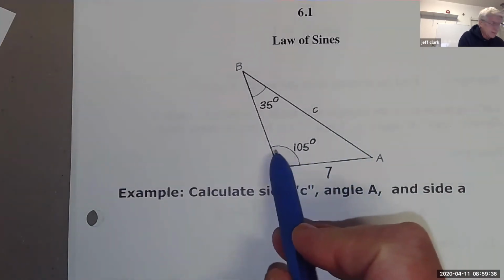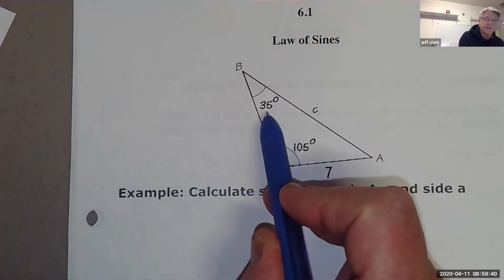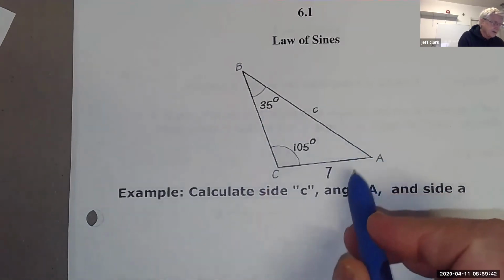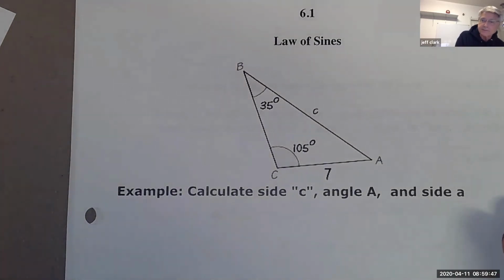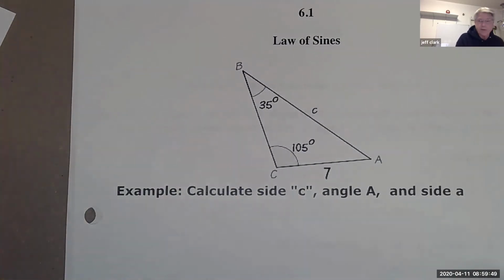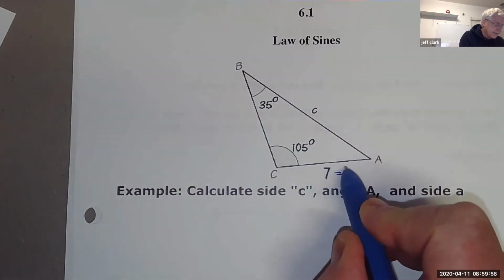For instance, that looks more than 90 degrees, so 105 is reasonable. And that's smaller than 90, 35 degrees. You're going to be asked to find all the remaining pieces of the puzzle, or the triangle. Typically, you're going to be given 3. This side right here, of course, is directly across from angle B. That's side b.